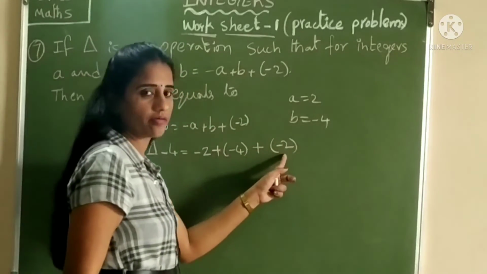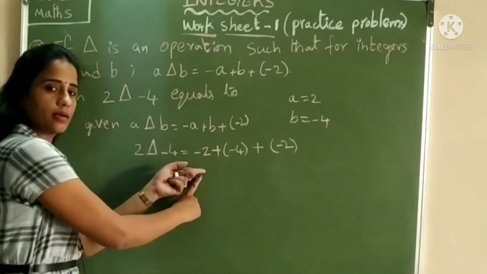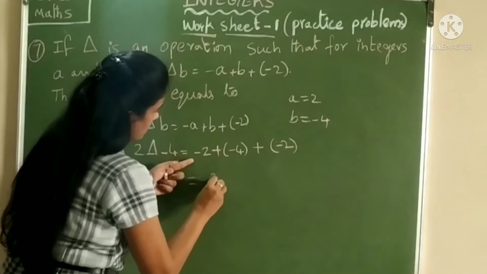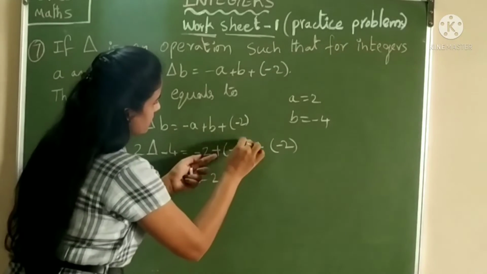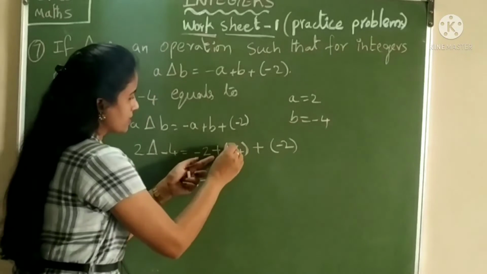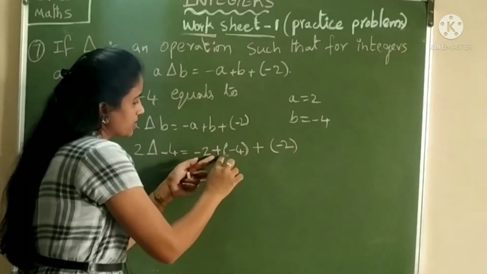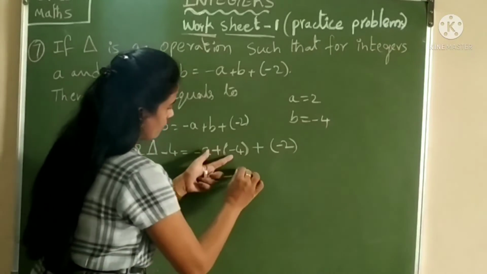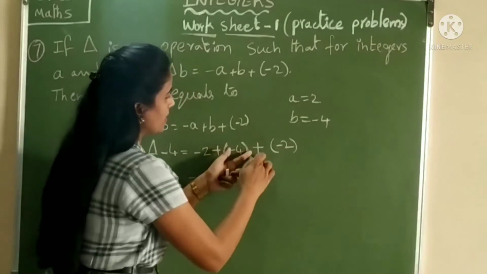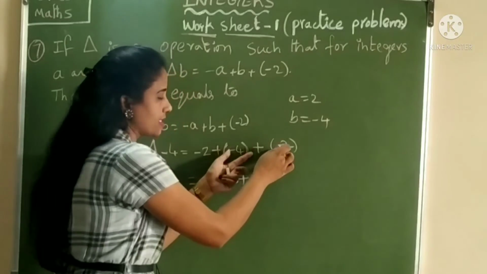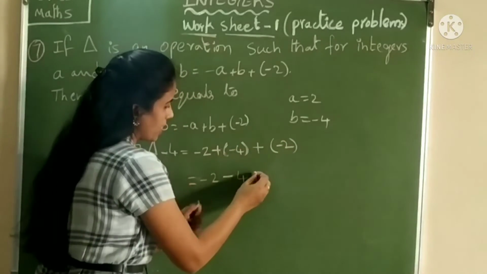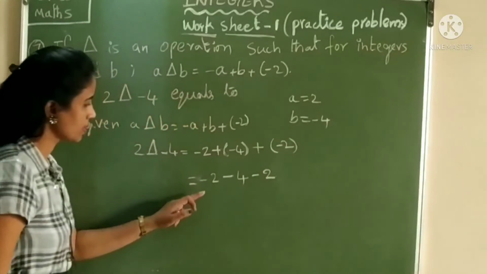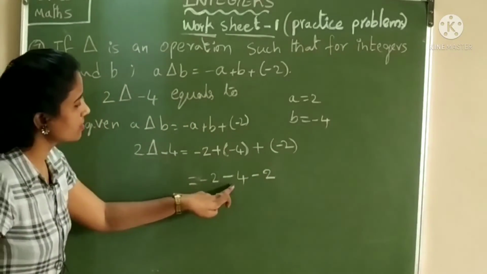Plus into minus, inside the bracket minus, so it is minus 4. Again plus into minus, minus 2. So minus 2, minus 4, minus 2.